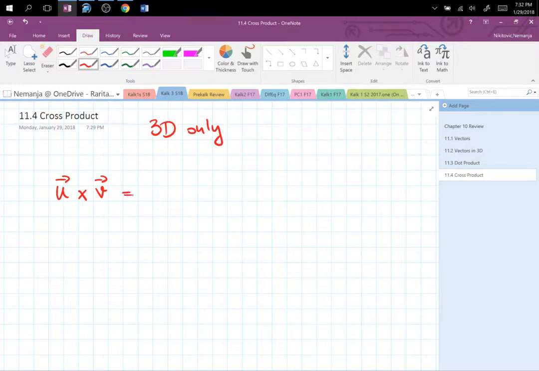So we have the cross product between u = ux, uy, uz, crossed with v = vx, vy, and vz.